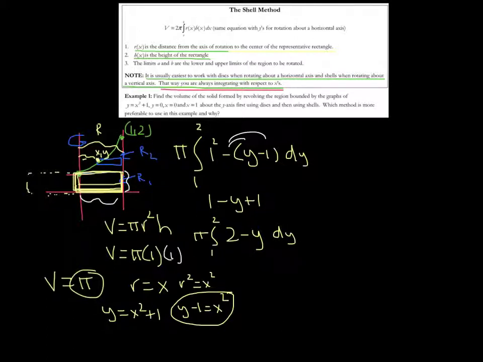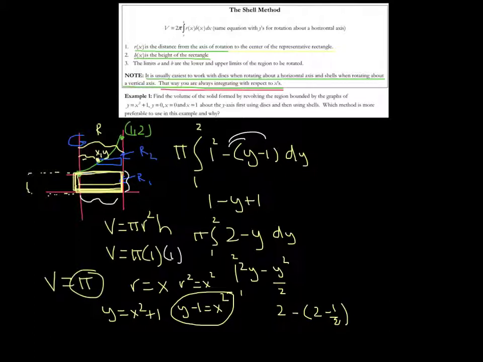And then we integrate 2 and we get 2y. Integrate y, we get y squared over 2. And now we're going to plug in our upper and lower limit. So you plug in your 2, you get 4 minus 2, which is just 2, minus, now plug in your lower limit, you get 2 minus 1/2.